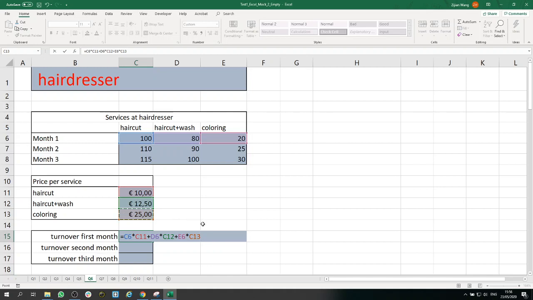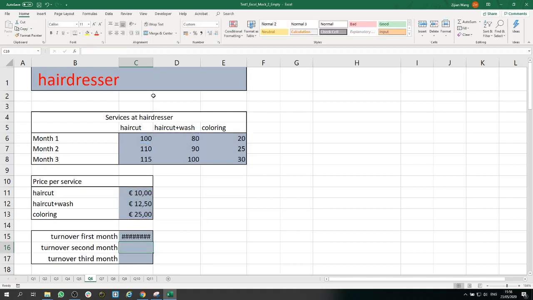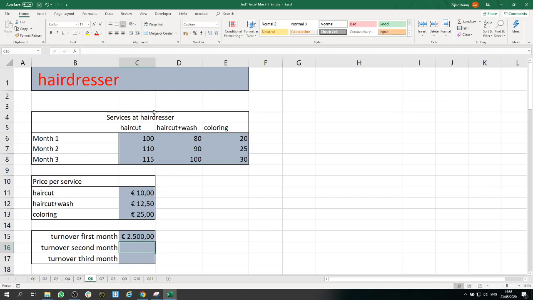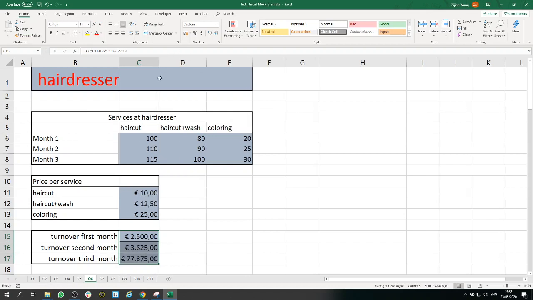So here we have a number which is too large. We need to set the width of the column. Okay, 2500. If we want to use this formula also for the other cells, this is not really working well. As you can see, this number is too large or too nice to be true.